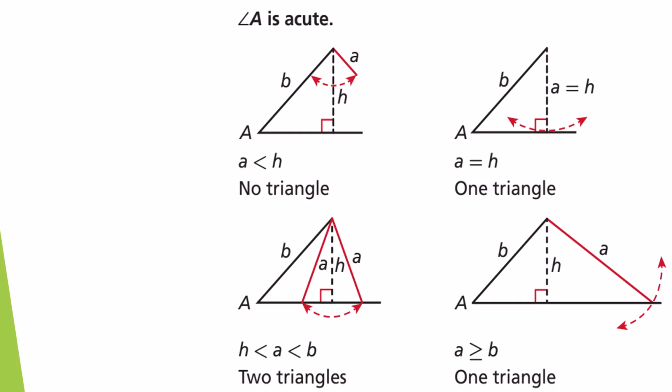Now what will happen if my A, that is, the measurement of side A, is between the measurement of the height and the B value? Let's suppose, according to the triangle, let's try to check if we could make a triangle or not.